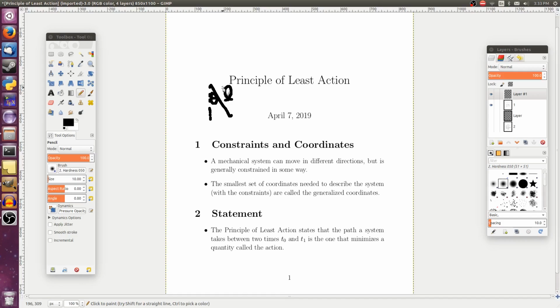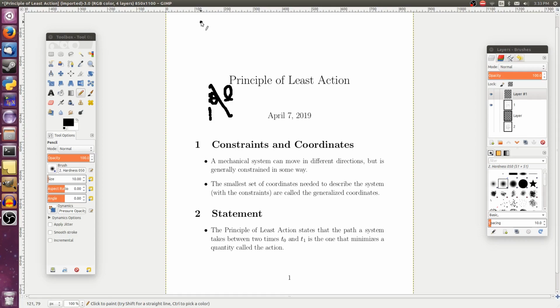So we would say that theta is our generalized coordinate. The generalized coordinates of a system are just the smallest set of coordinates you need to fully describe the system. Since this pendulum isn't going to stretch or compress, theta is the only coordinate we need to describe this system.